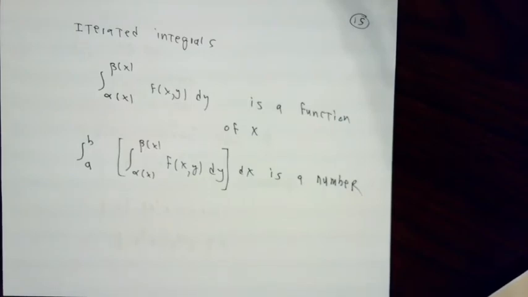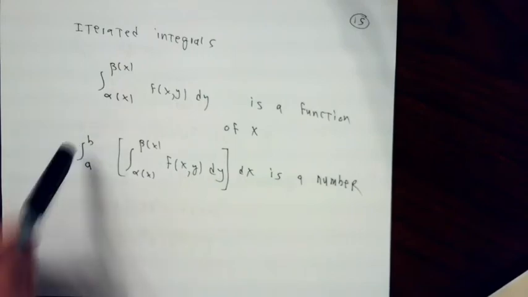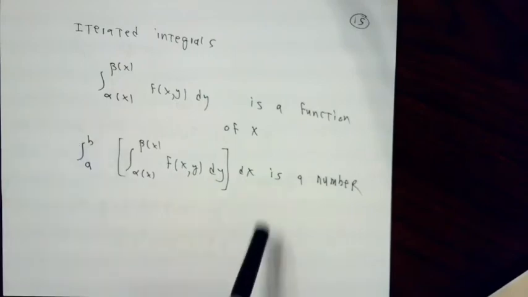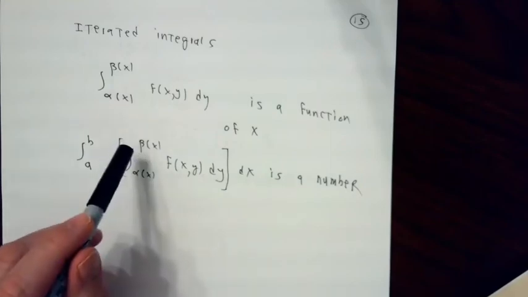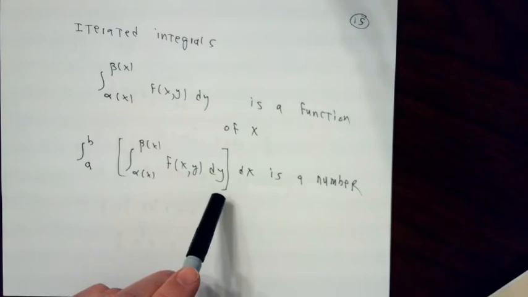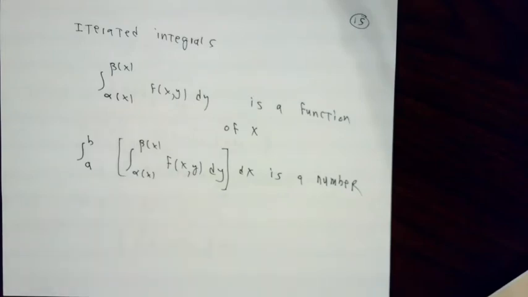That is to say, at least conceptually, the integral from a to b with respect to x of the integral from alpha of x to beta of x with respect to y of f of xy will just be a number. We're going to be very interested in that kind of number shortly.